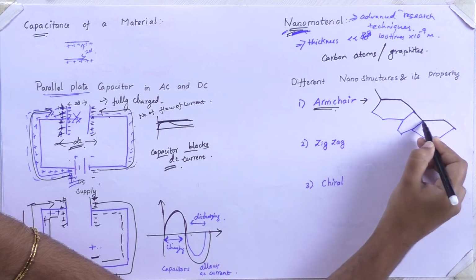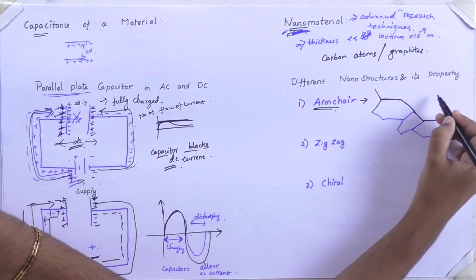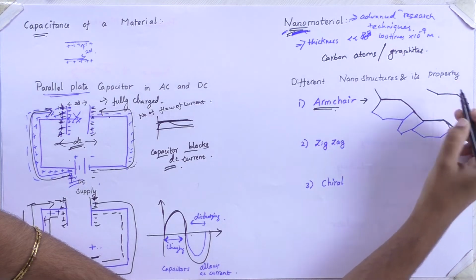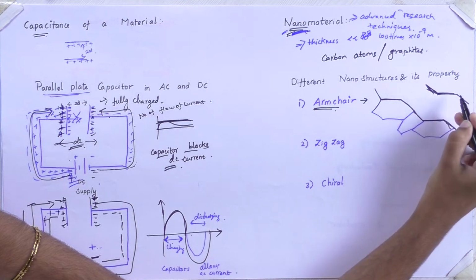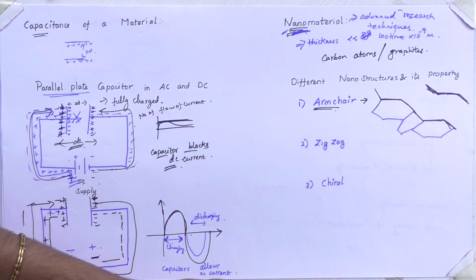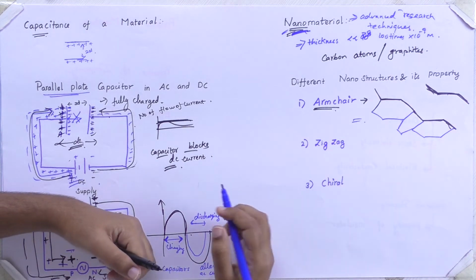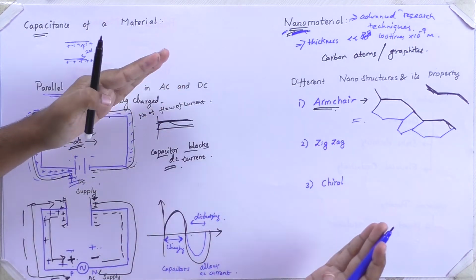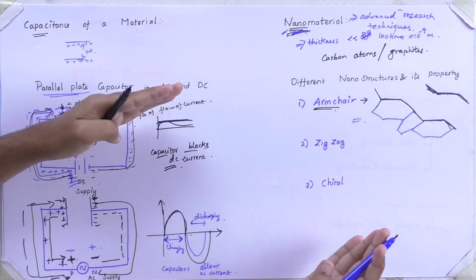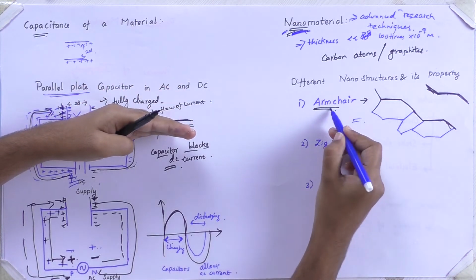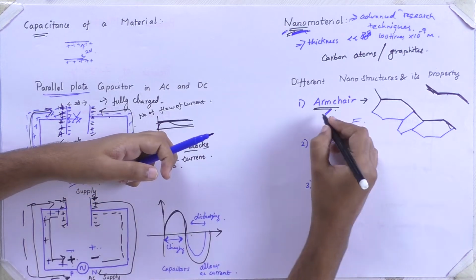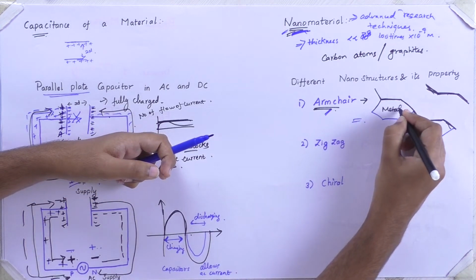If we take the outline of the layer, it will be like a chair, an armchair structure. If the carbon material is of armchair structure, then it behaves like a metal.